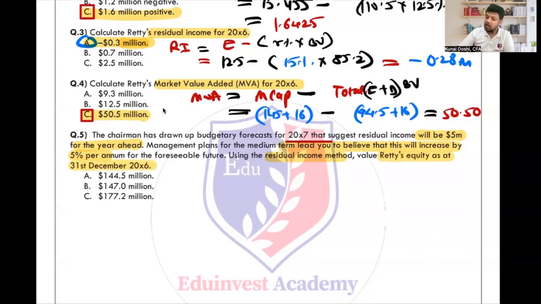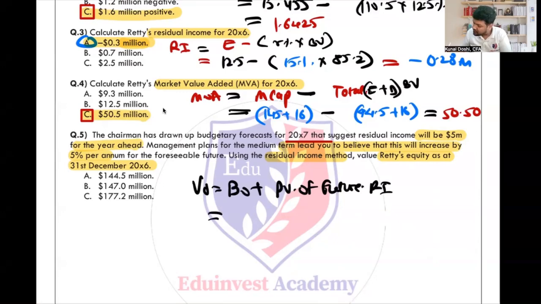Now, guys, in order to value using the residual income approach, how do we value the company? For valuing the company, we have the current value based on using the residual income. What is the first starting point? The book value. Very good. Plus the present value of the future residual income.